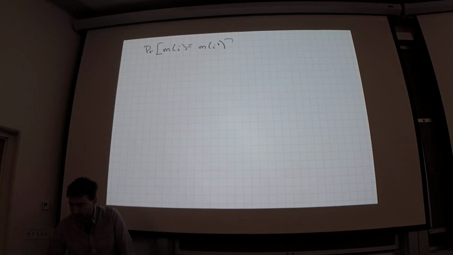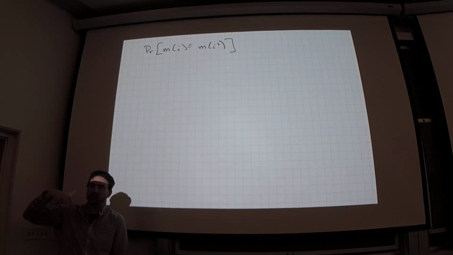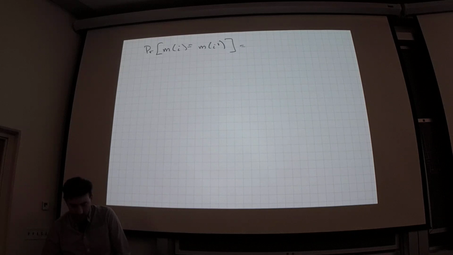I'm going to show you that the probability that m of i equals m of i prime, and these are any two representations that I've made by doing this permutation then top-bit approximation, is going to equal the expected value of the Jaccard similarity of i and i prime.